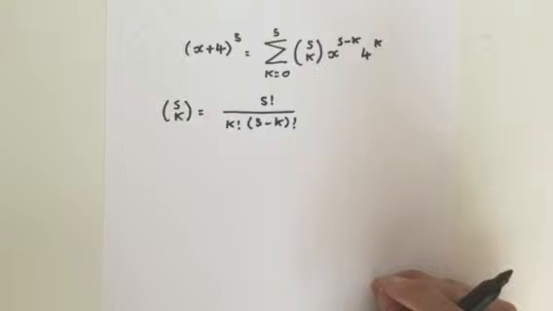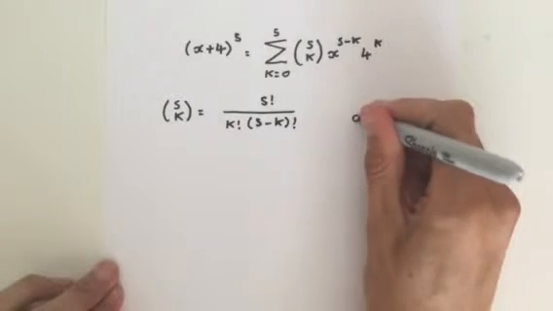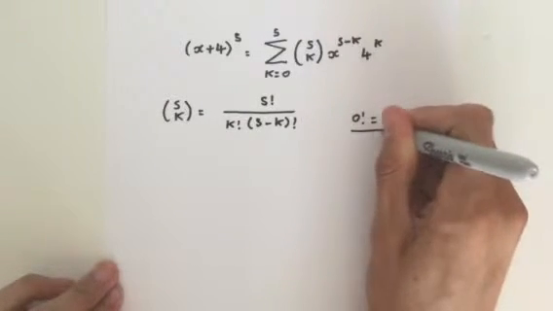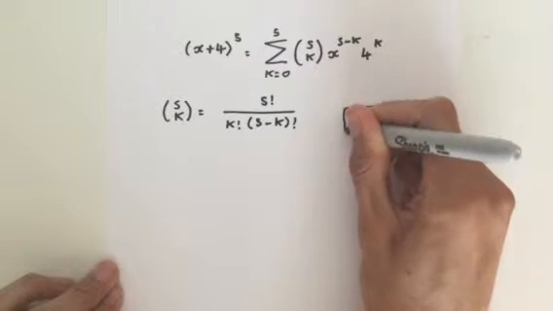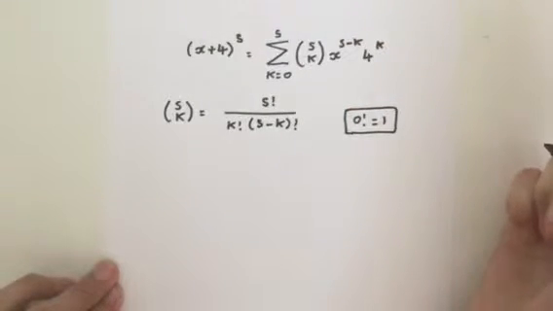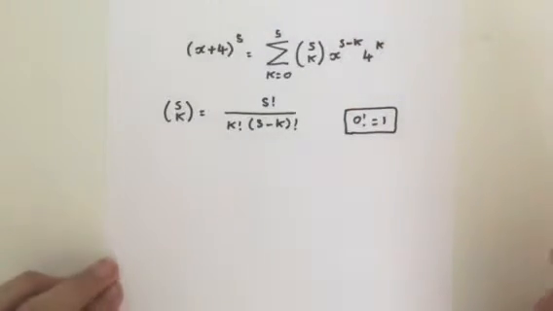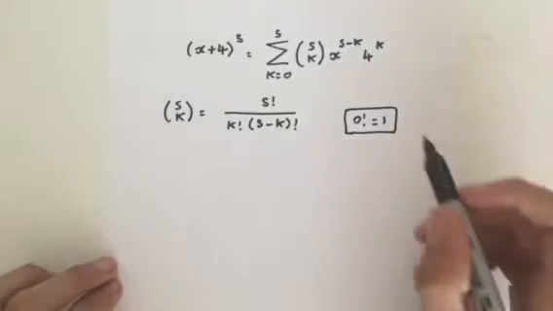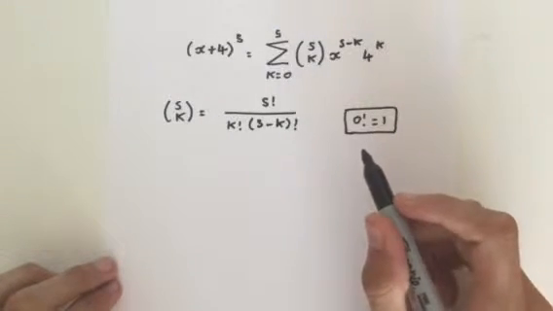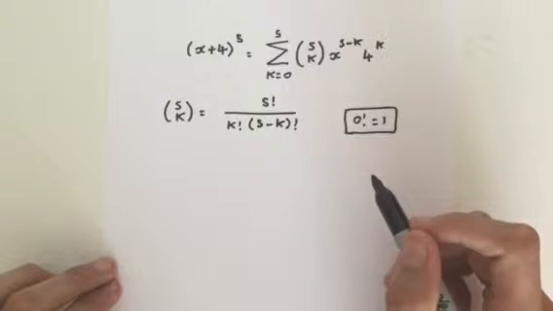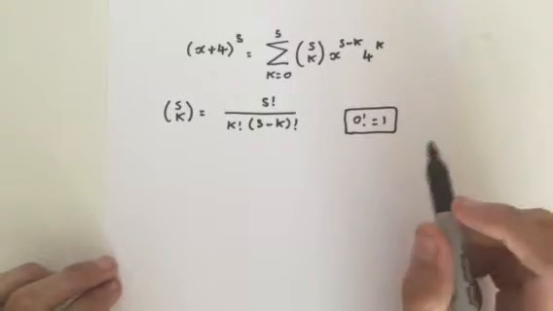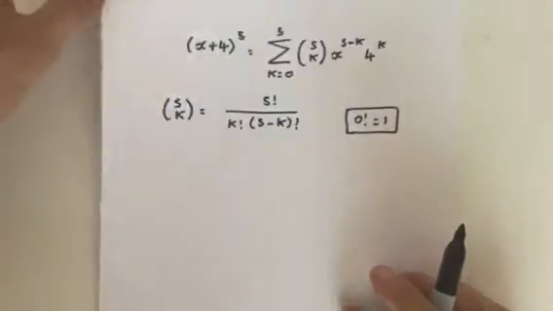And one important note is that 0 factorial is equal to 1. That's really important, so make sure you remember that. 0 factorial is 1. Don't ask me why, it just is. So first we will calculate n choose k from k equals 0 to k equals 5, which the summation told us to do.